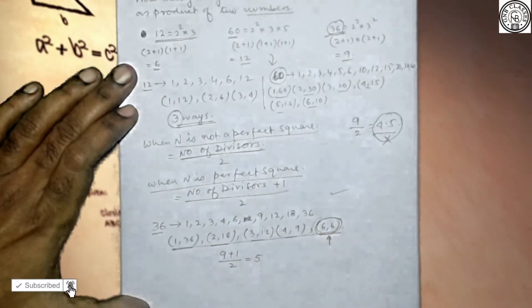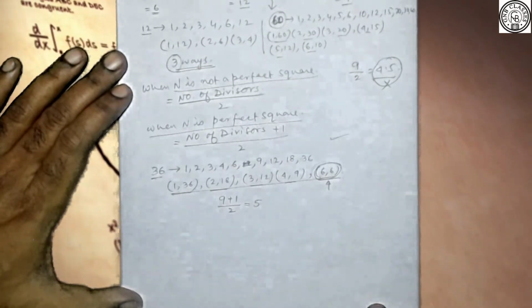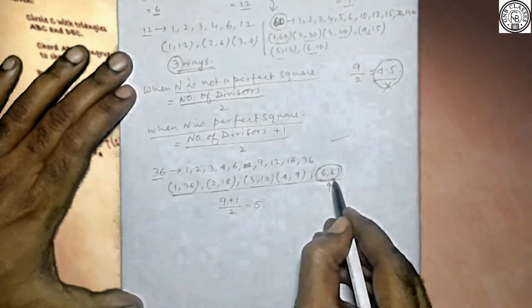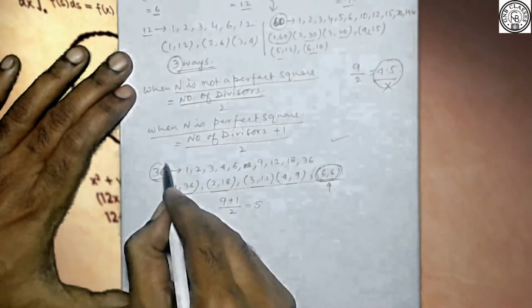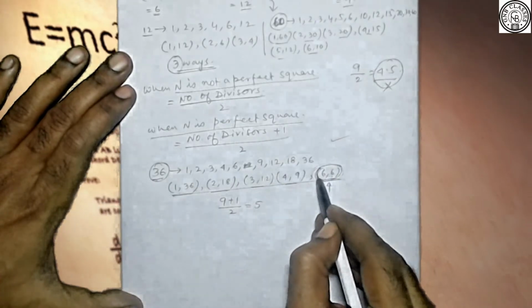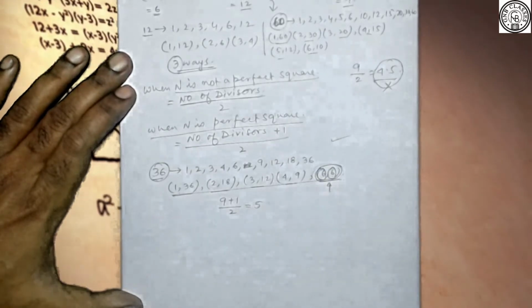Is it clear? Now sometimes the question can come, how many number of ways in which n can be resolved as a product of two numbers when the numbers are distinct? You see, identical numbers occur only when it is a perfect square. Otherwise, in the normal case, when the natural number is not a perfect square, identical numbers will not occur as a product of two numbers to represent that natural number.